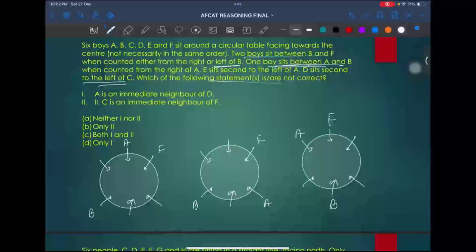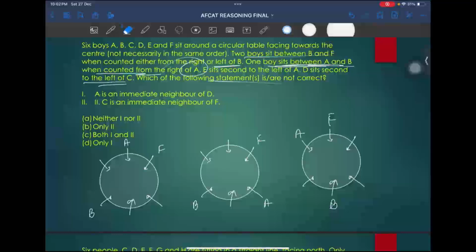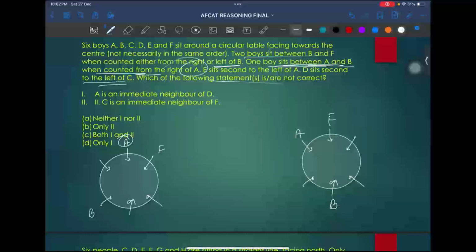Next, one boy sits between A and B when counted from the right side of A. So they have given exactly the data. From A, if we count, there is only one boy sitting between A and B. Right side will be this. So from here it will be this.